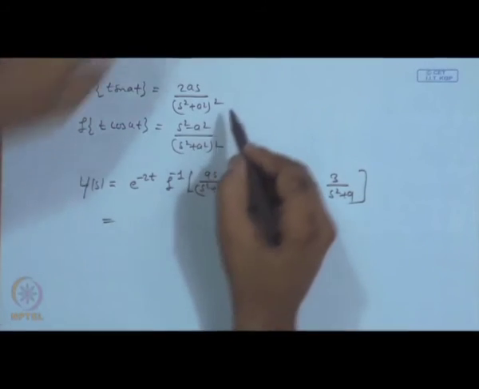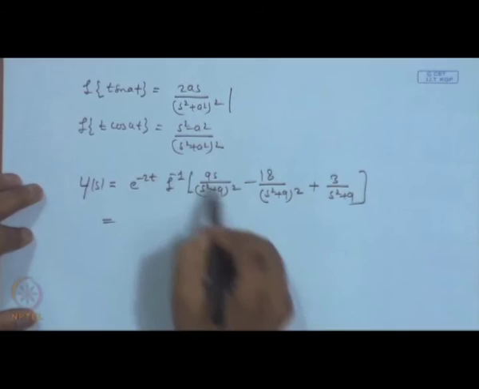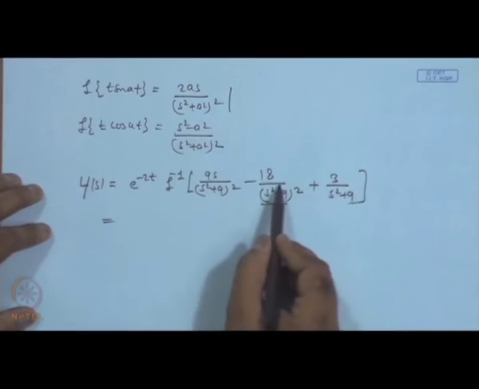So, here from the sin at form, we need to have the s² − a² term.